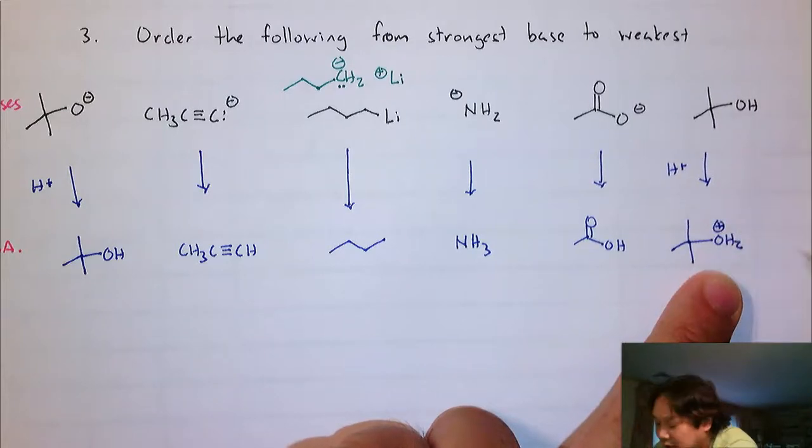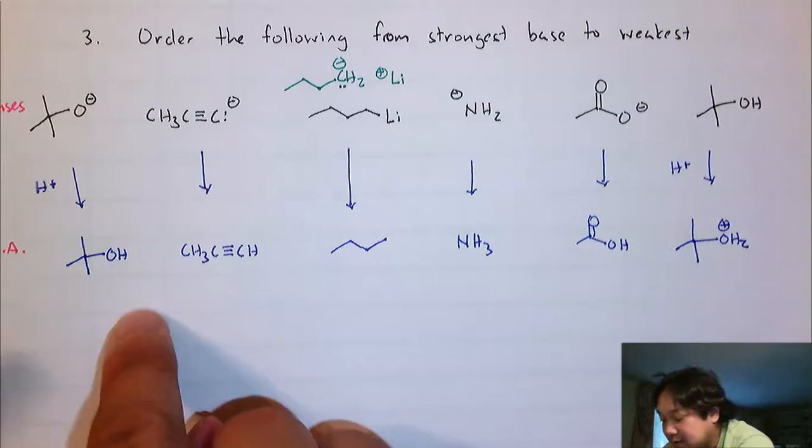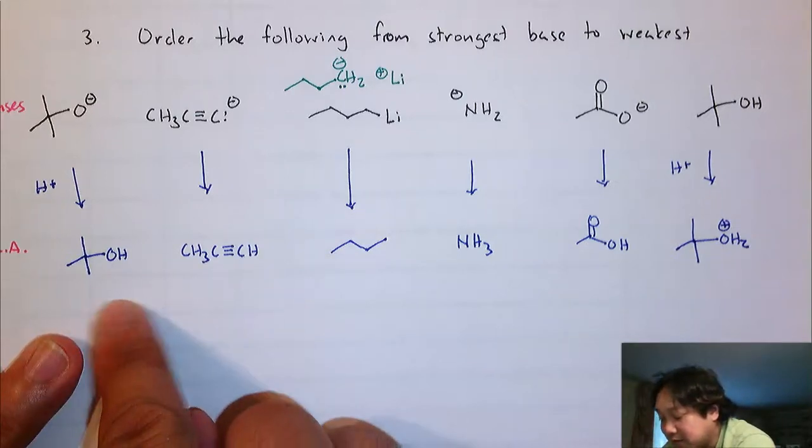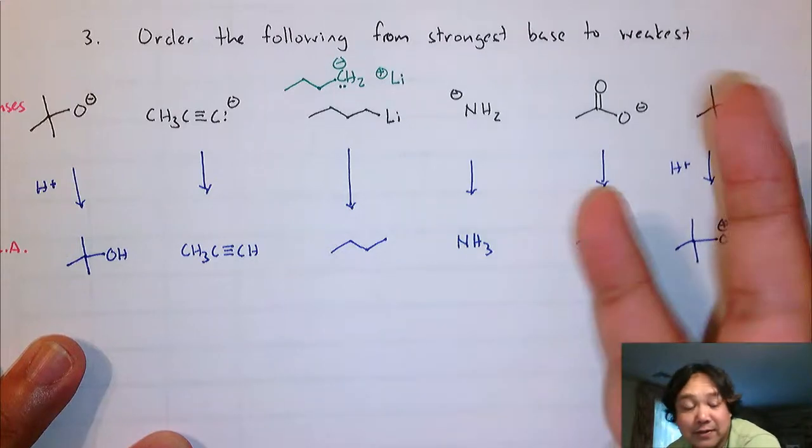Protonated alcohol. Okay. Now, you could memorize the pKa's, you could look them up in a textbook, or you could rationalize which one is the most acidic, which one is the least acidic, based on your trends.